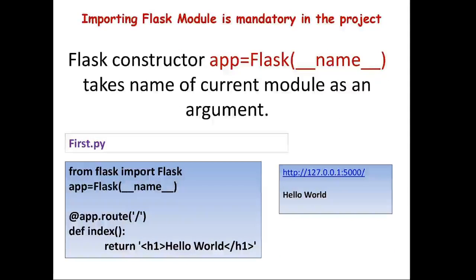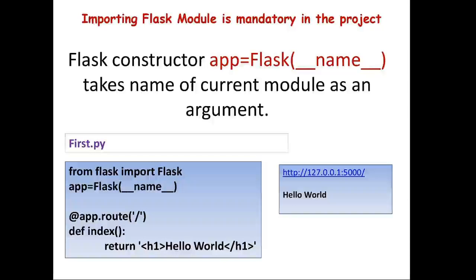Now what was important in any FLASK application? The first thing was importing the FLASK module, which is a very important part of the project. In each and every web application you should first import the FLASK module.